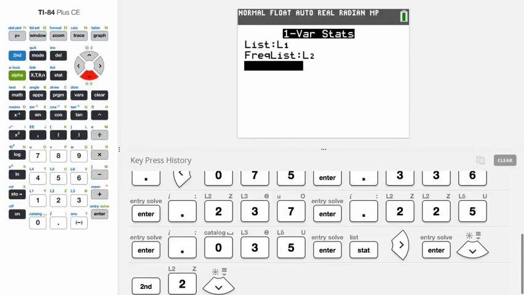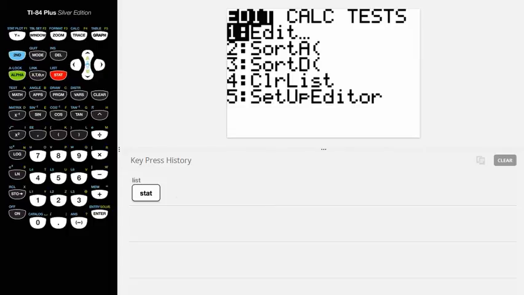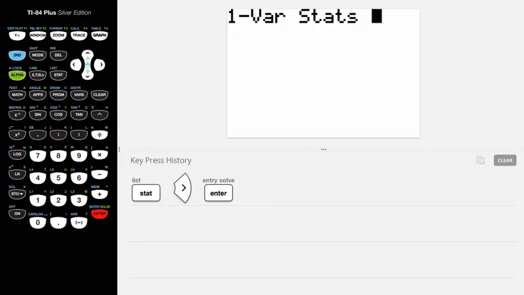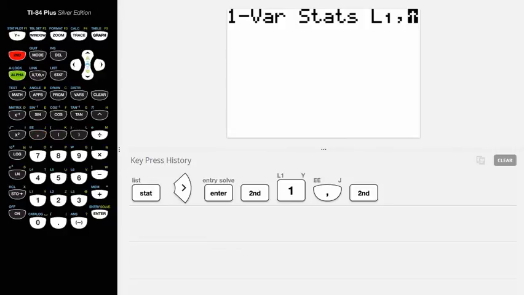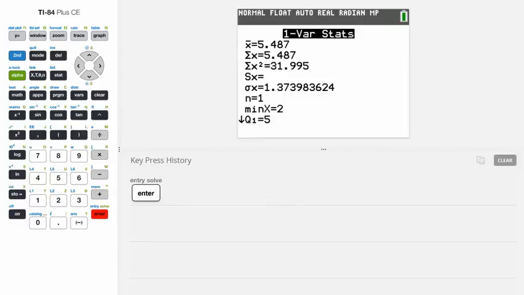If your calculator doesn't have the Stat wizard, Stat, over to Calc, one variable statistics, enter, and we want second L1, comma, second L2, and then press enter. Either way, when we press enter, we should get our mean as 5.487 and our standard deviation as 1.37398.